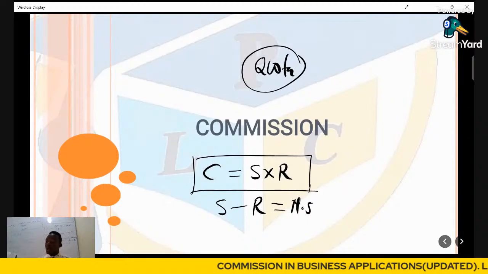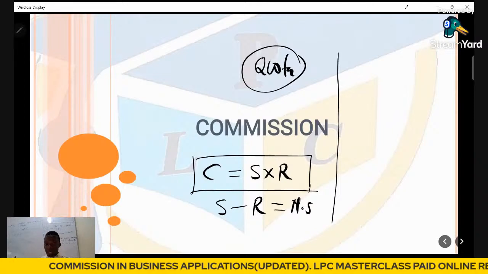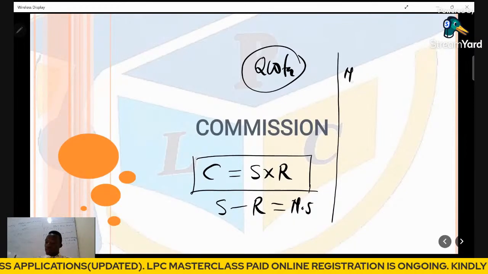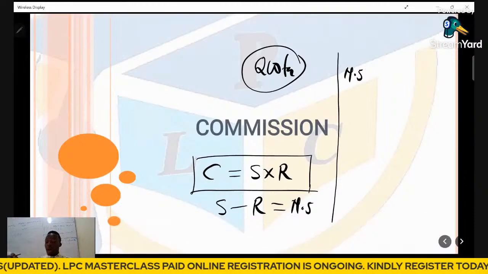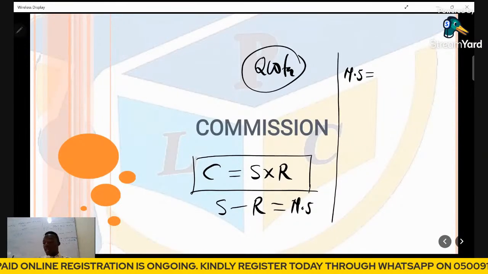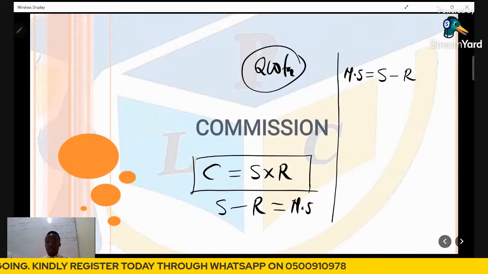If we have quota and returns, before we can calculate our commission, we must calculate what we call our net sales. If there is a return, then net sales is sales minus returns. I'm using the initials to explain.